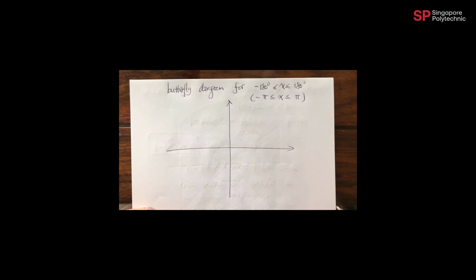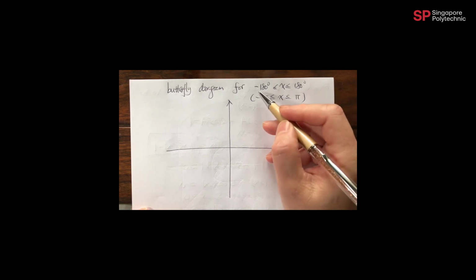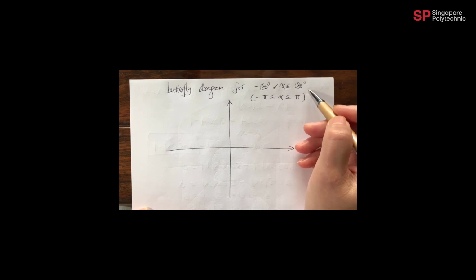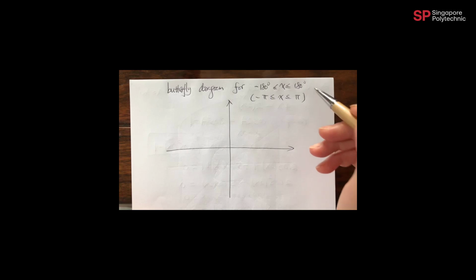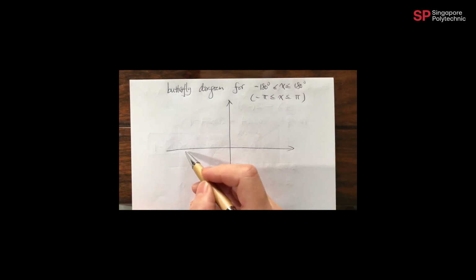What if the range is changed? That is, if the range requires x to be from minus 180 degree to positive 180 degree, or in radian, from minus pi to pi, we will need a different butterfly diagram. Notice that from minus 180 to 180, it is also from the lower half all the way to the positive half.